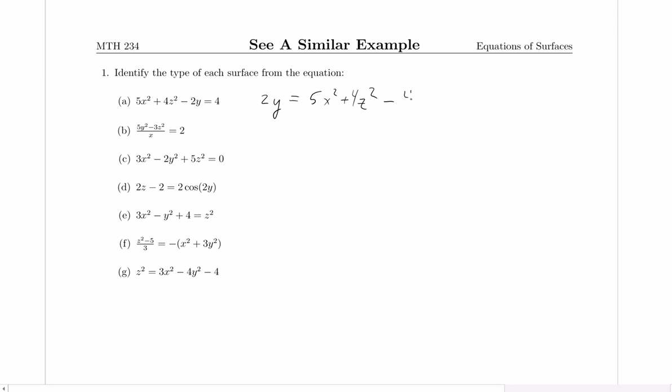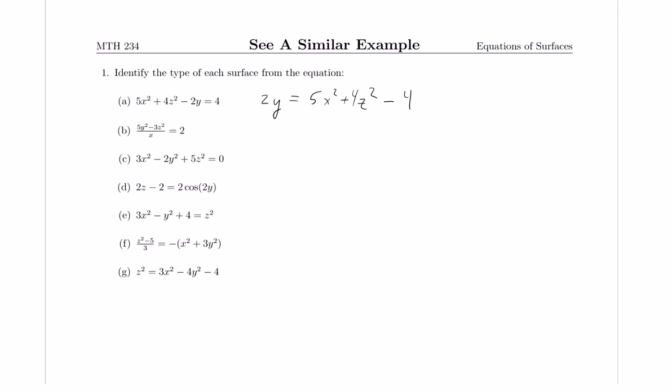It doesn't really matter. I said I was avoiding minus signs, but here I want the 4 on this side. And the reason is, if you ignore the constant and just look at the first part, 2y equals 5x squared plus 4z squared, this looks like something we recognize. This looks like the equation of a paraboloid, an elliptic paraboloid.